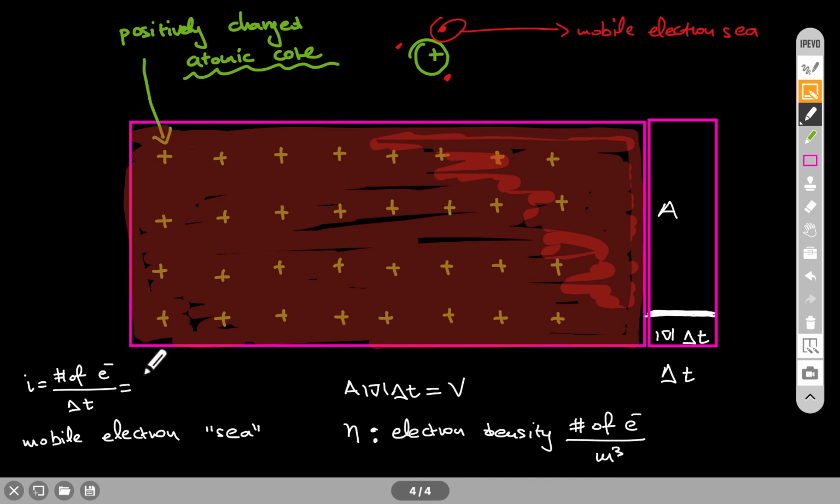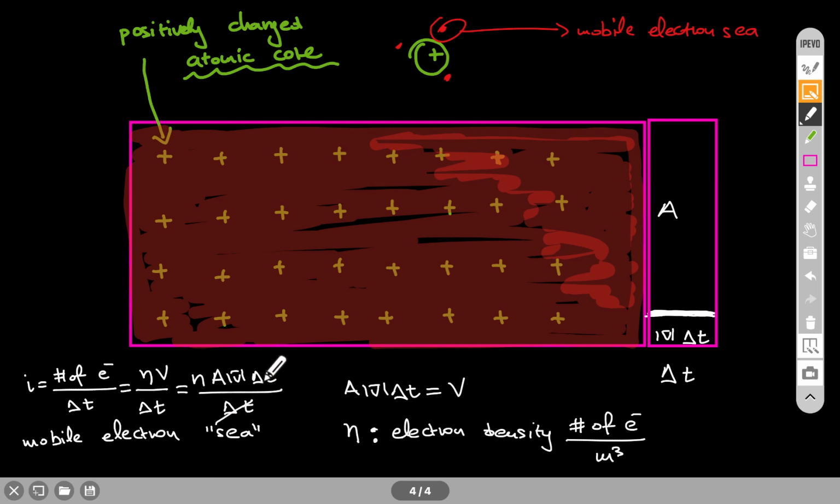So that's what I'm going to do. I'm going to take the electron density, eta, the Greek letter eta, and I will multiply it with the volume. And I'm still dividing with delta t. This has to be divided by time by the definition of the electron current. Now, the electron density times the volume will give me the number of electrons, which is what I need. But I know that the volume can be calculated as the area times the speed times delta t.